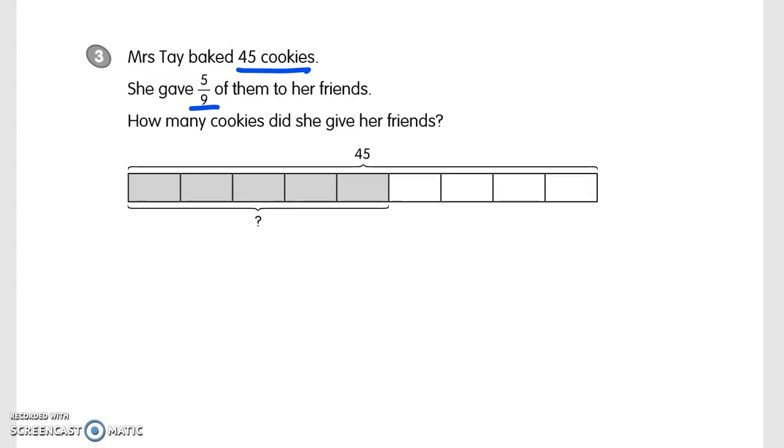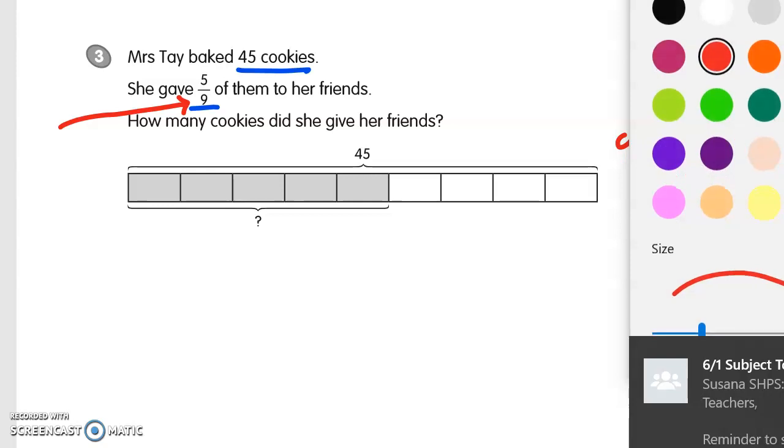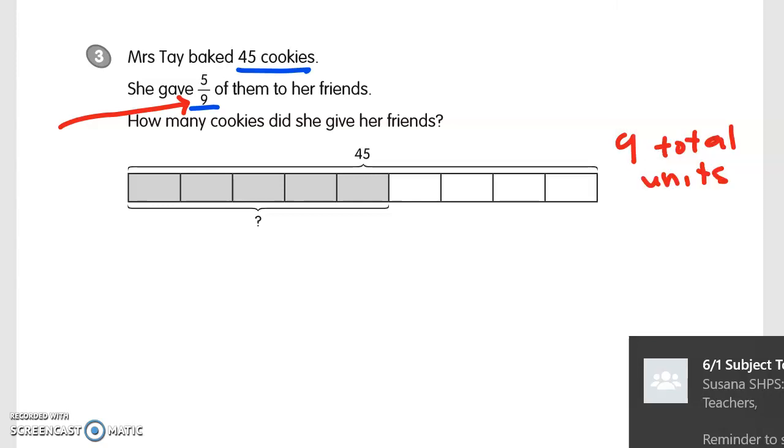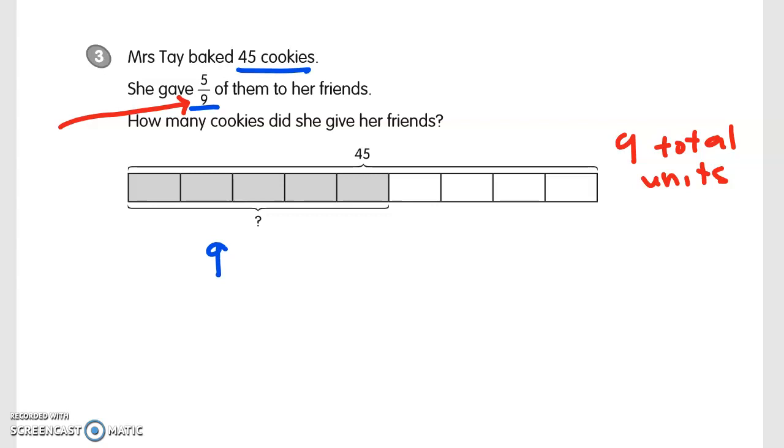Now, just like our previous question, we focus our attention on the denominator of the fraction, which says 9, which means 9 total units. So, there are 9 total units, and these 9 units will equal 45 cookies.